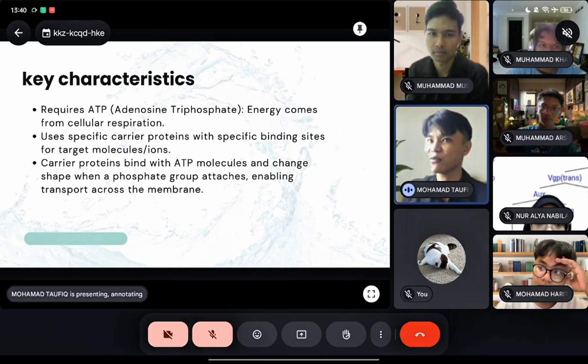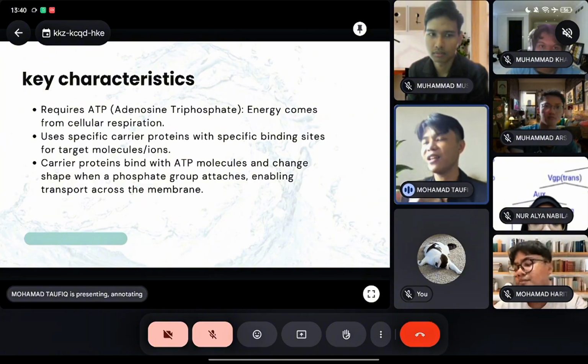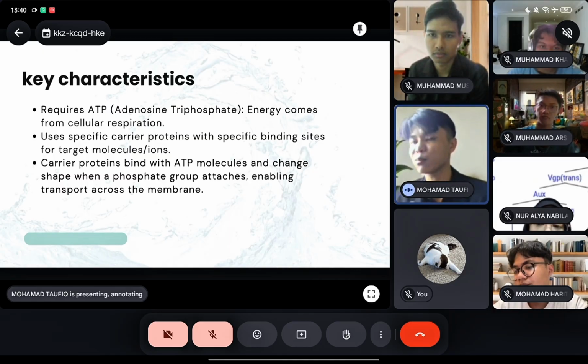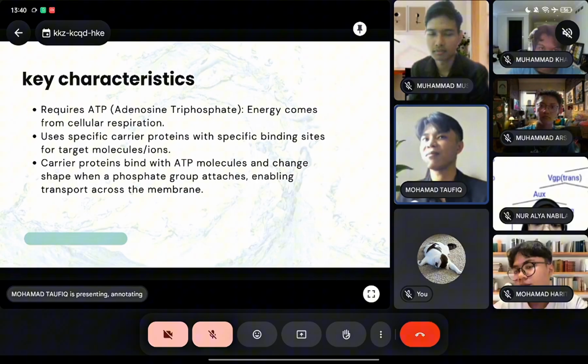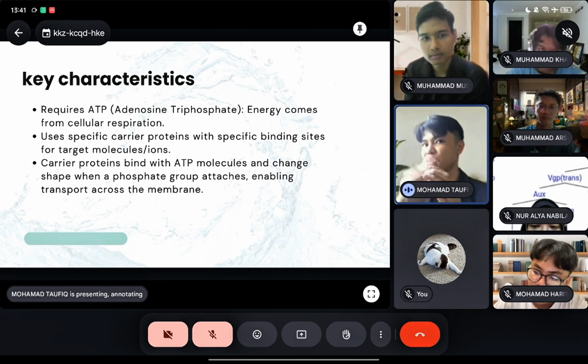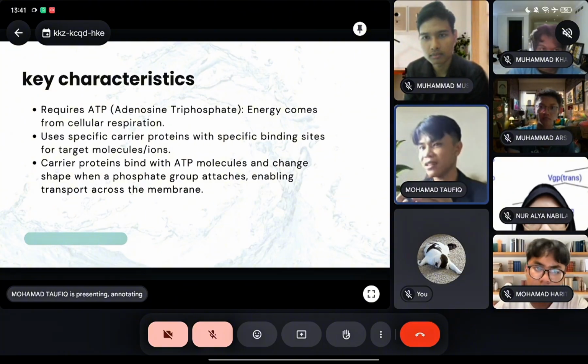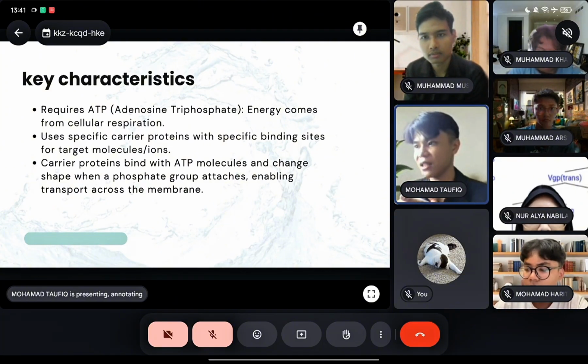When a protein with specific binding sites binds with ATP, it produces energy, and that enables the transport across the membrane. Let me repeat. A carrier protein has specific binding sites, and this carrier protein binds with ATP molecules, which converts into energy, and then the transport can happen.